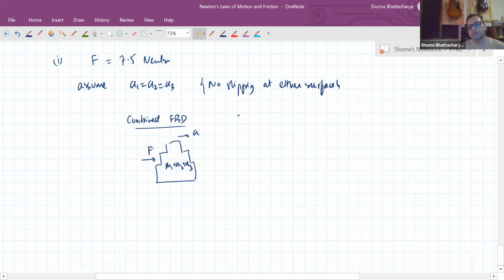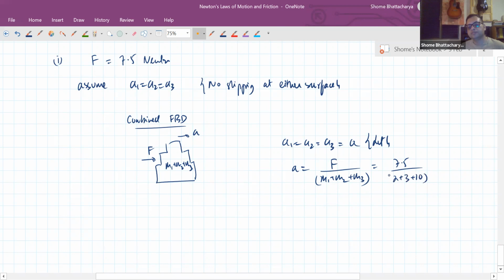And see that common value of acceleration. So suppose I take that as A. That common value of acceleration should be F divided by the net mass. So that would be 7.5 divided by 15 kilograms, so that would be 0.5 meters per second square.